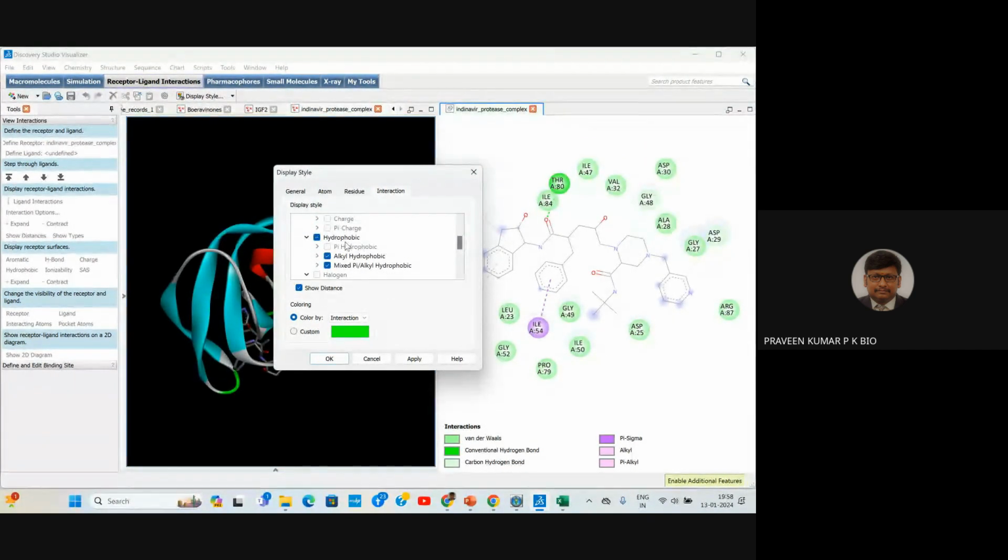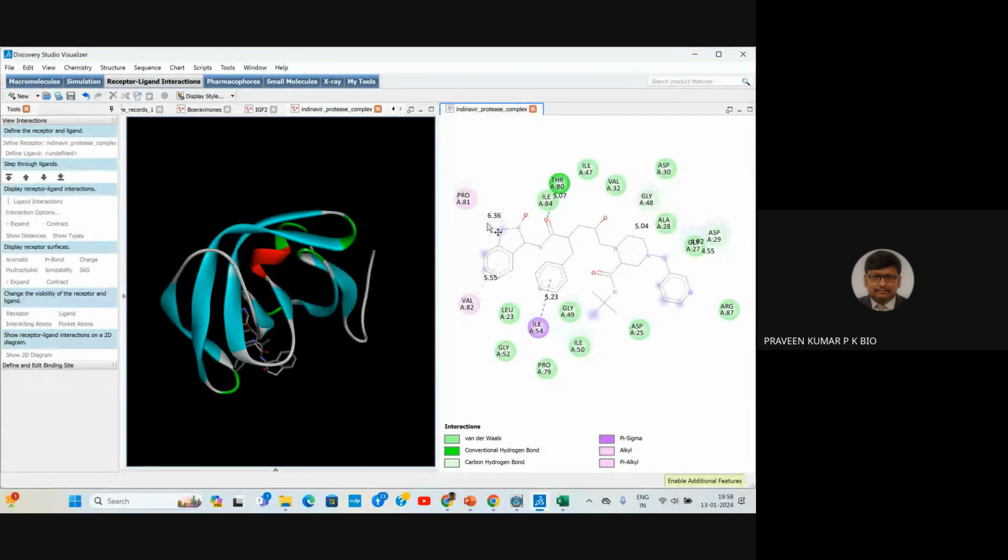Now simply you have to click here, show distance, apply, and OK. See here. Now you also got the bond length.